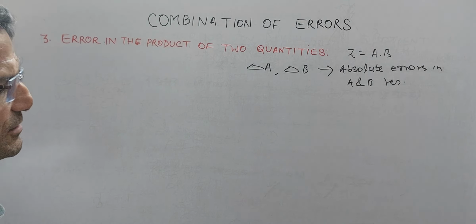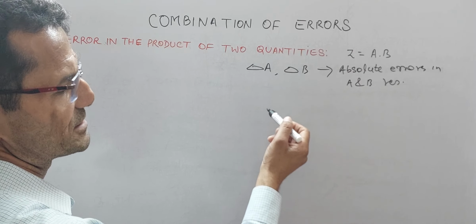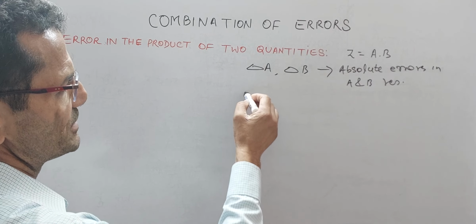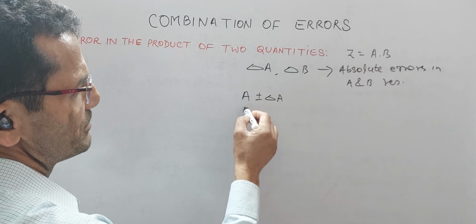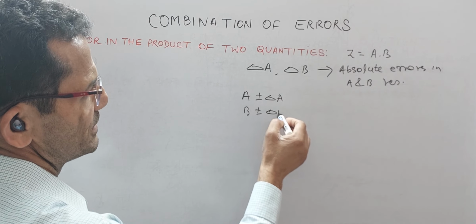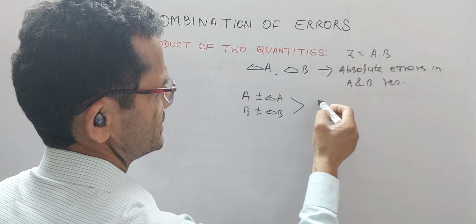Now the measured value: if we measure A, the measured value will be A plus minus delta A, and also B plus minus delta B. So these are the measured values of A and B respectively.